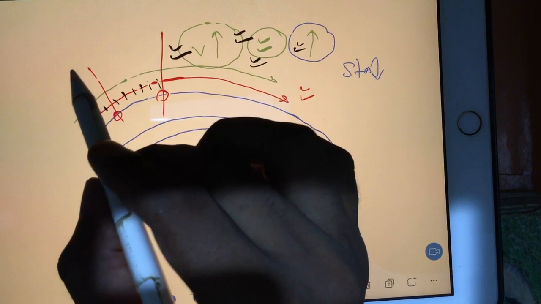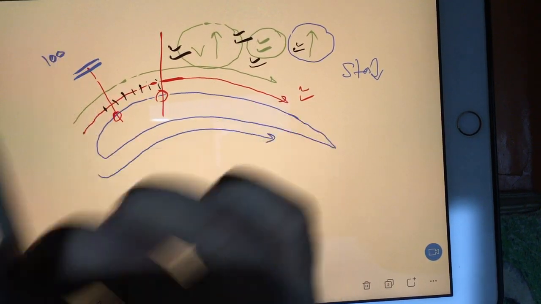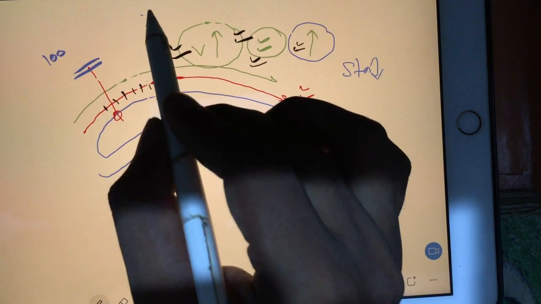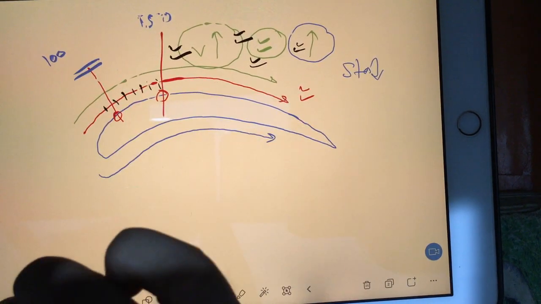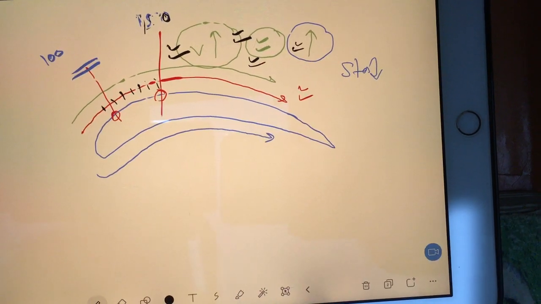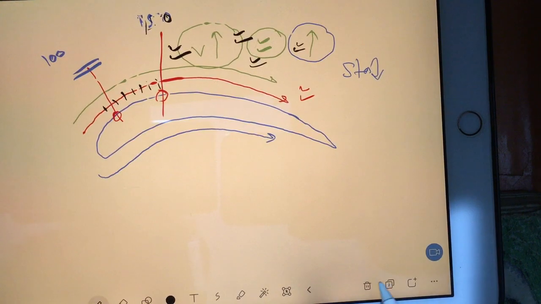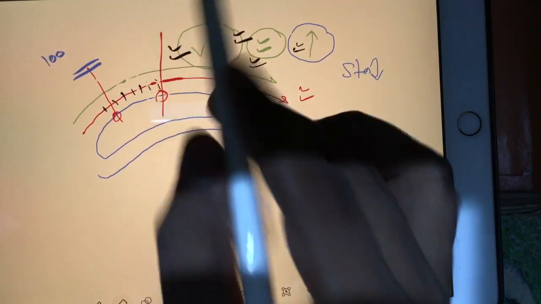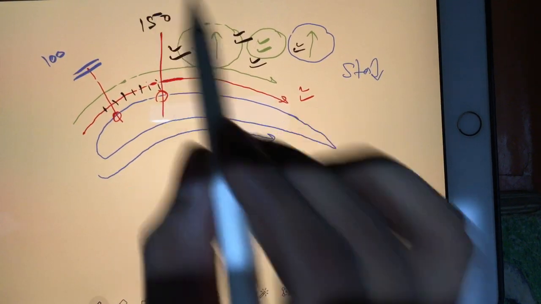Suppose at this station your velocity is 100, and at this station your velocity is 150. So here you have 150.